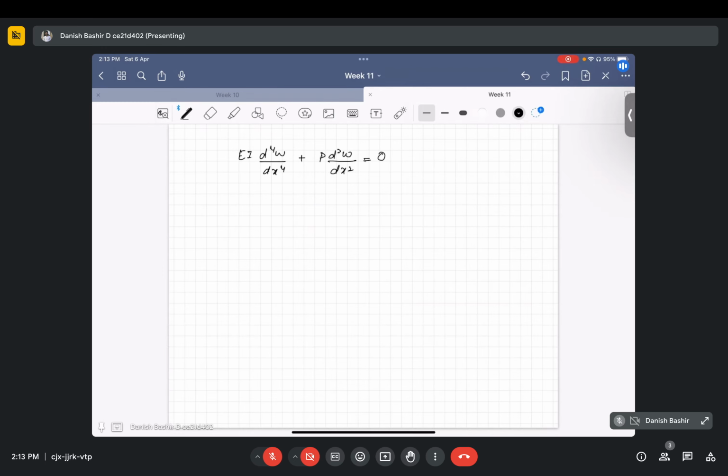Following this, the boundary conditions for this simply supported column will be: transverse displacement at x equals 0 is equal to transverse displacement at x equals L, both are equal to 0.